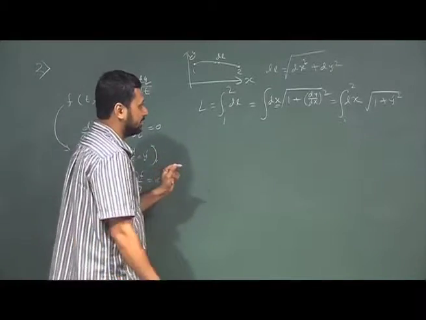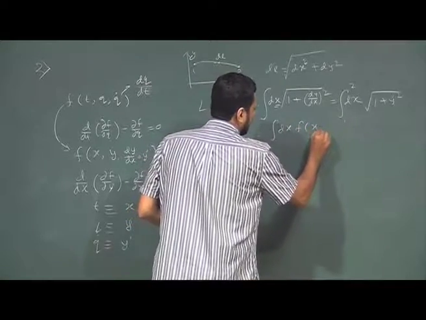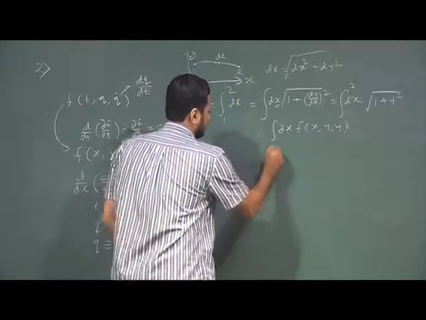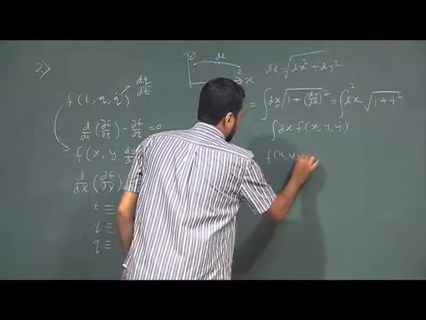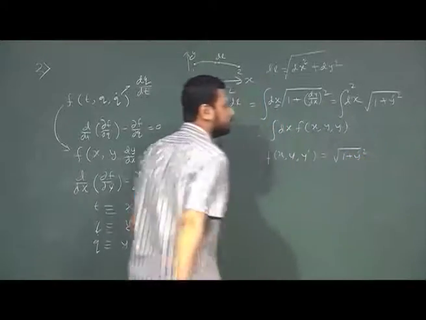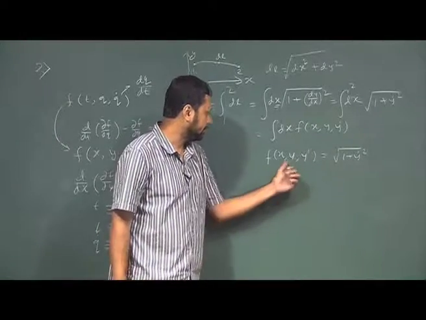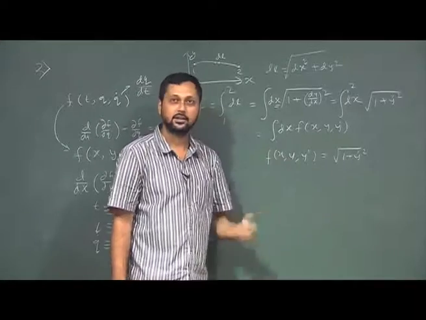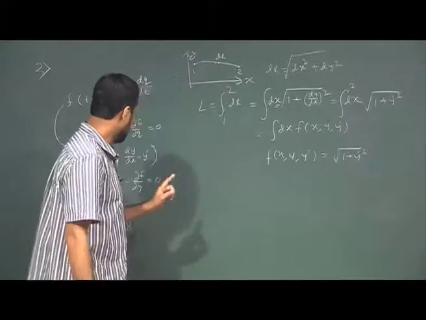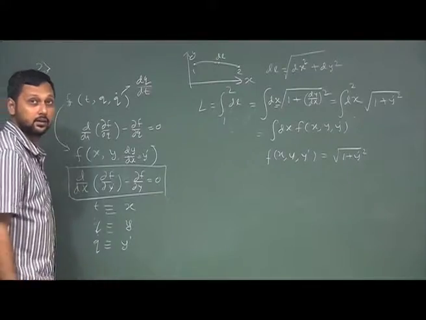So, if this is the case, immediately we can identify this function now, where f of x, y, y prime is equal to root over 1 plus y dash square. Now, this function is not explicitly dependent on x or y, but that is not our problem. This is our function. Now, if this is the function, it will follow this equation.